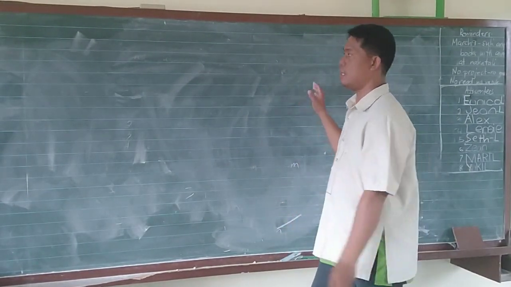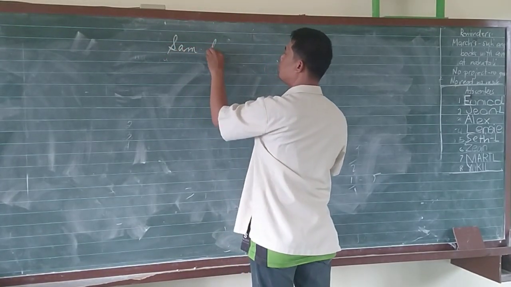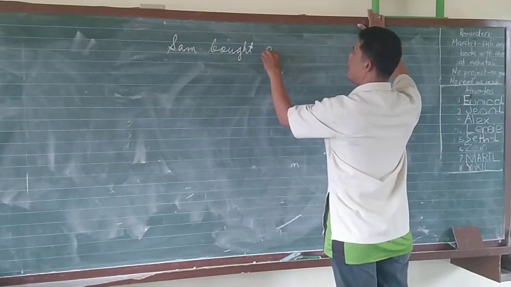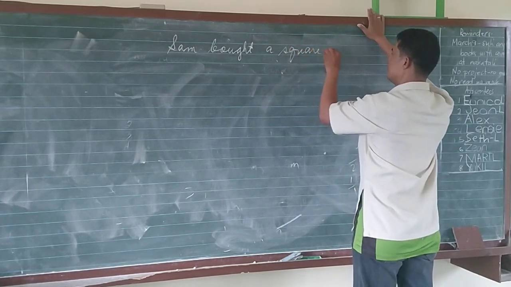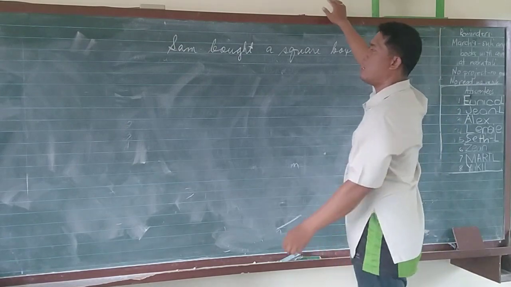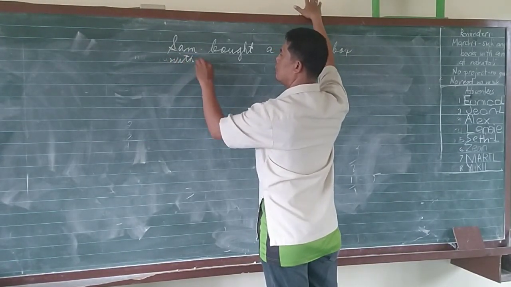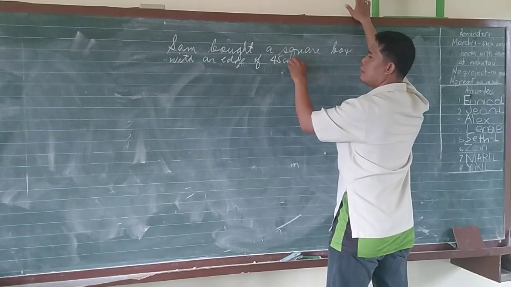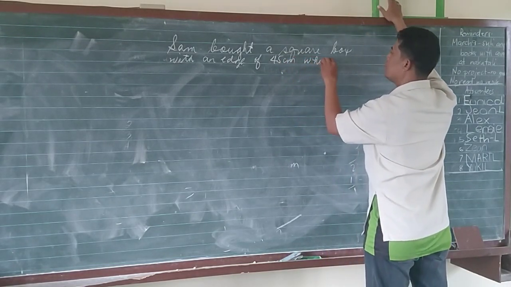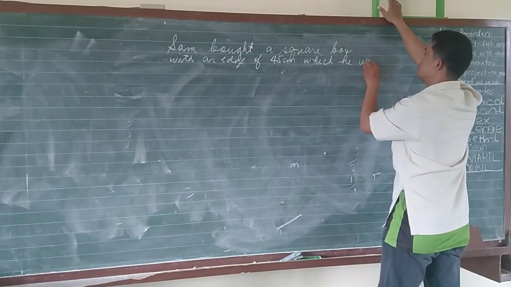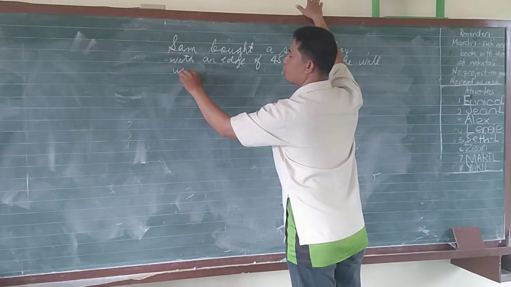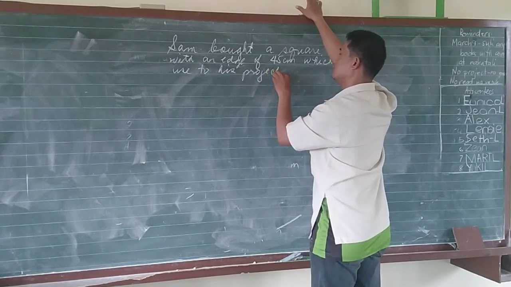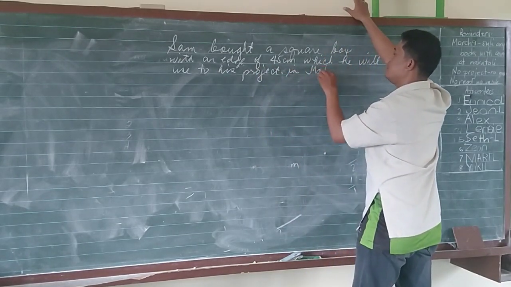So, your answer must be: Sum both a square box with an edge of 45 centimeter which he will use to his project in mathematics.